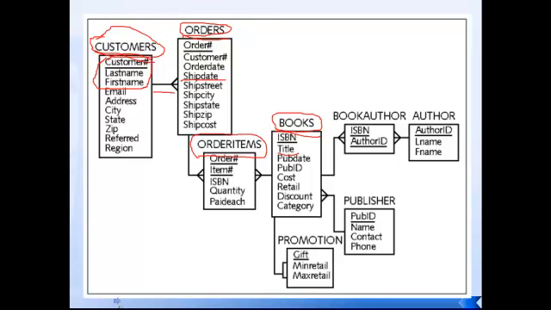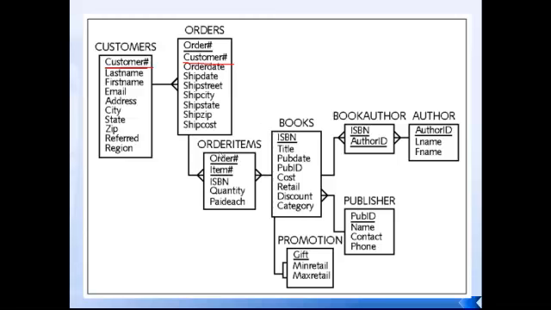Let me erase the ink on this slide. We've identified the fields that we need because we want to determine that information. But know that we also have to have the customer number absolutely, because the customer number is the field that relates or joins the customers table with the orders table.